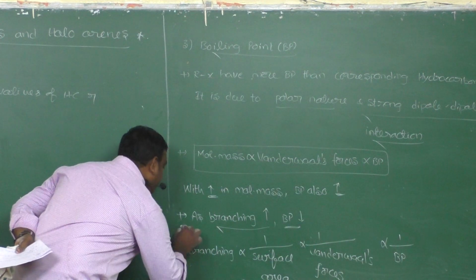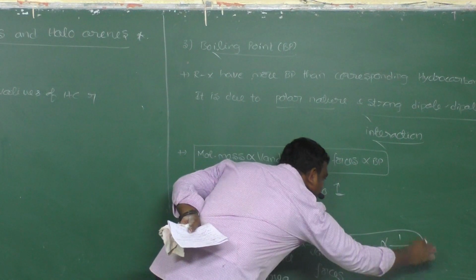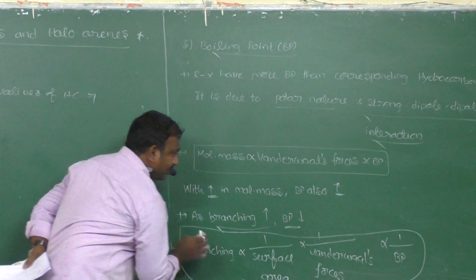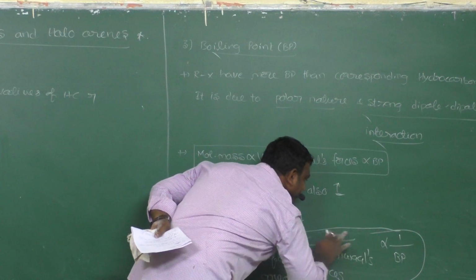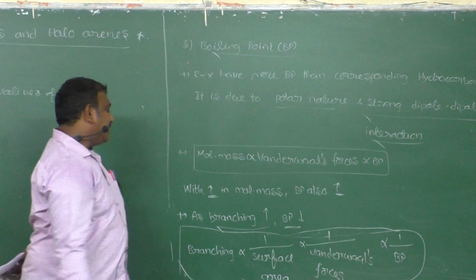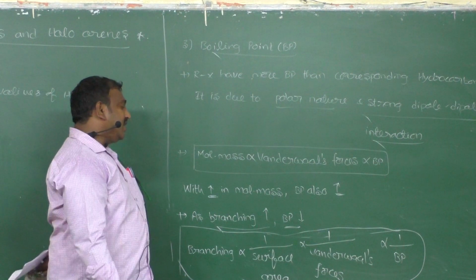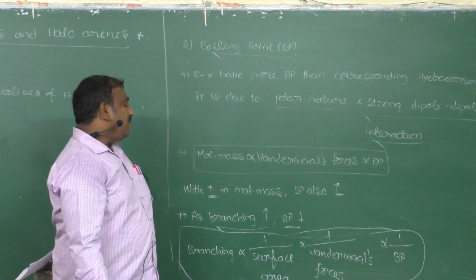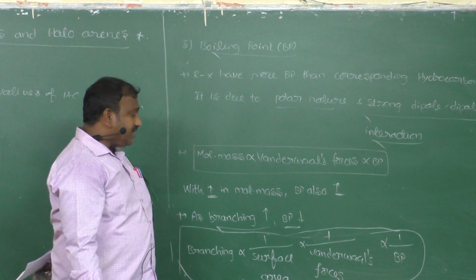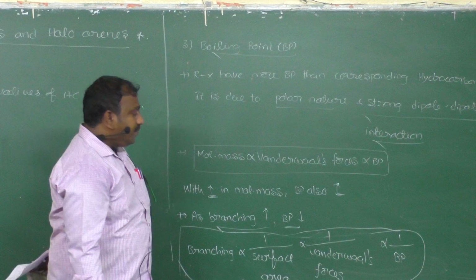So, branching is inversely proportional to surface area, which is directly proportional to van der Waals forces, and also branching is inversely proportional to boiling point.